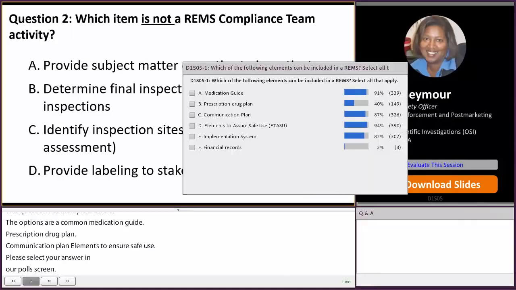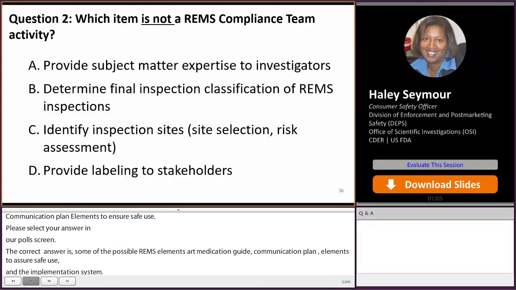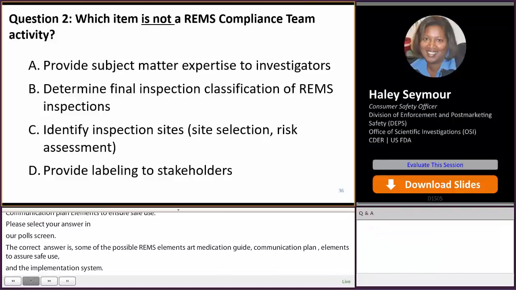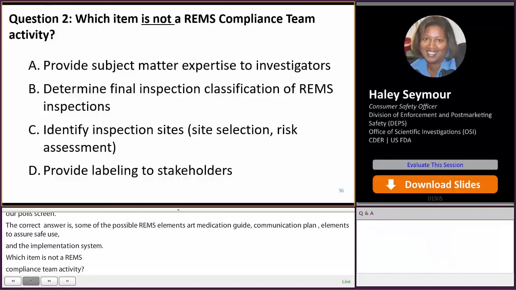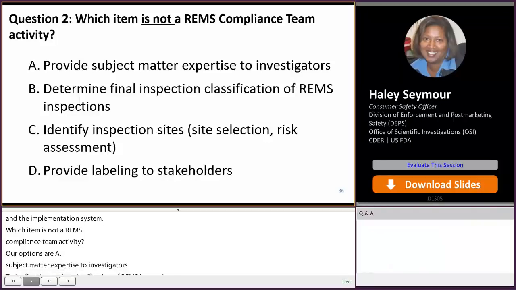Which item is not a REMS compliance team activity? Okay, our options are A, provide subject matter expertise to investigators, B, determine final inspection classifications of REMS inspections, C, identify inspection sites based on site selection, risk assessment, or D, provide labeling to stakeholders.